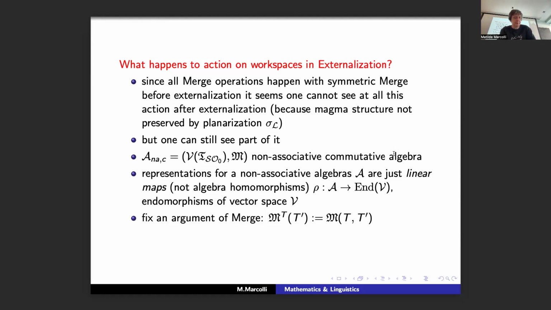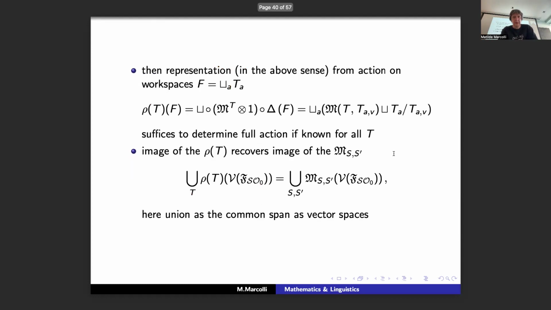Let me just say this to finish. It is the same thing as looking at all the action of merge on your workspaces, for all the possible ways in which you can apply your actual merge, fixing in all possible ways one of the two arguments of merge and looking at the action of the other one as a representation of this non-associative algebra.